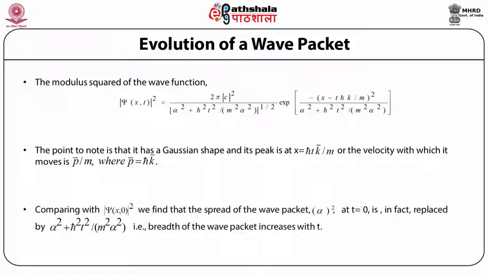Comparing this expression of the squared modulus of the wave function with the squared modulus of the wave function at time t equal to 0, that is modulus of psi(x,0) whole squared, we find that the spread of the wave packet alpha squared is in fact replaced by alpha squared plus ħ squared t squared upon m squared alpha squared.